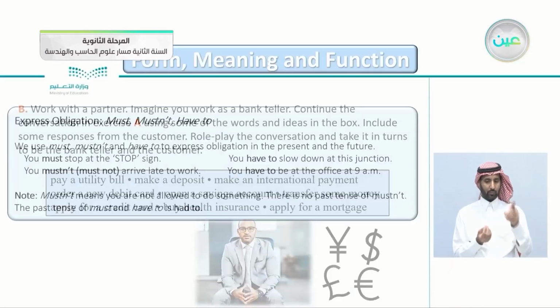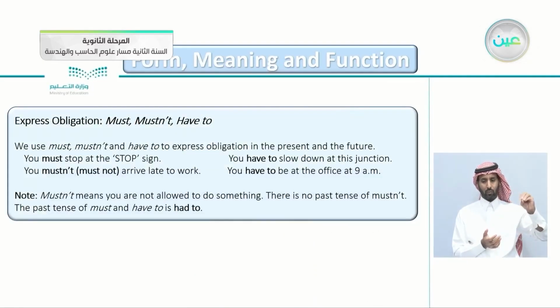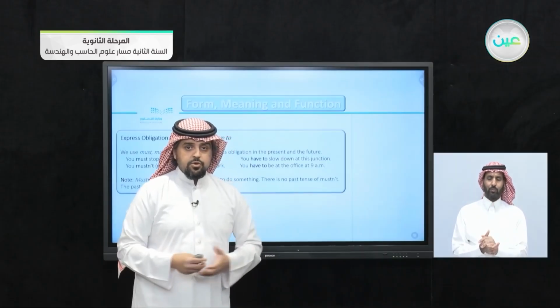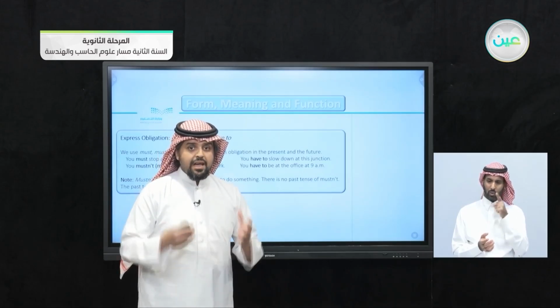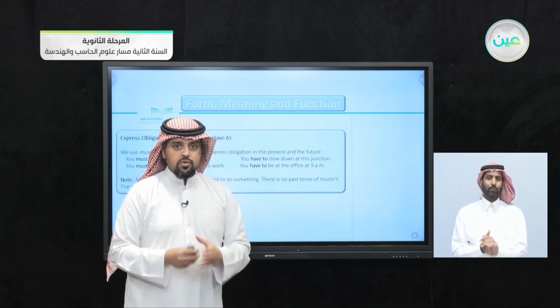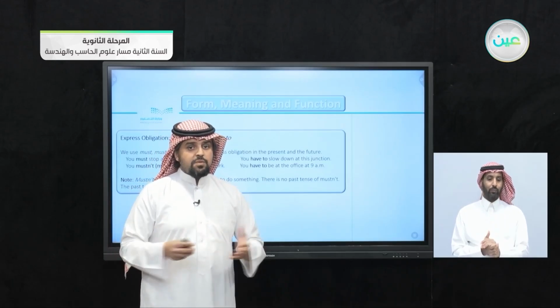So you have to role play this exercise with your friend using the question tags, would or could. So continuing with the lesson here, expressing obligation. Obligation: must, mustn't, and have to. What's the meaning of the word obligation? Obligation means something that you have to do, or something you must do.